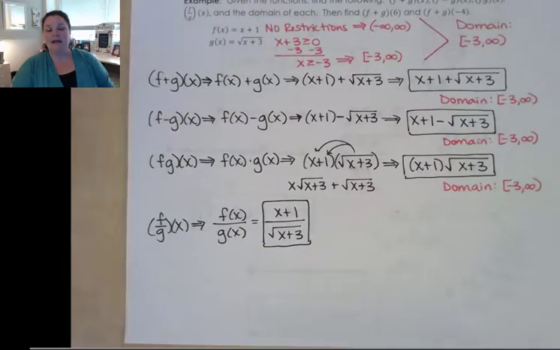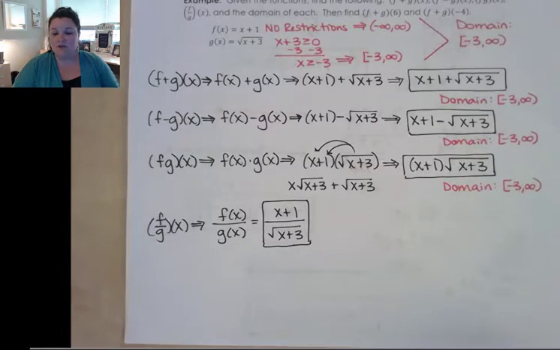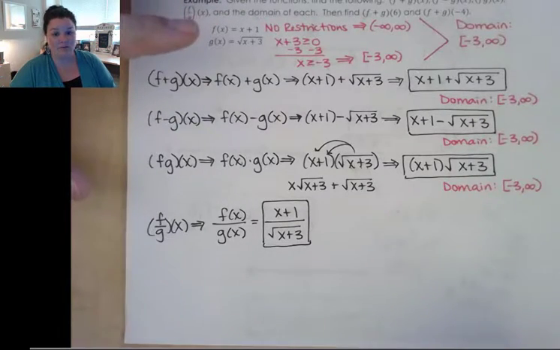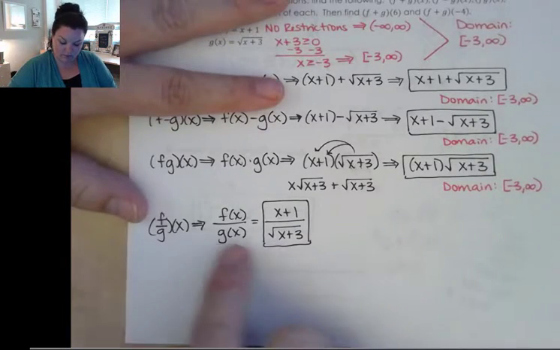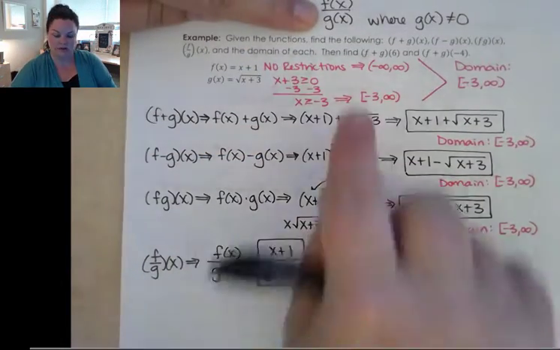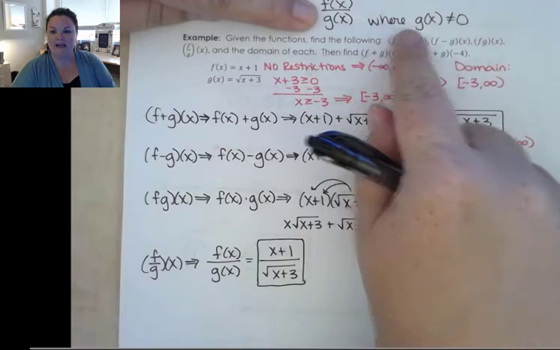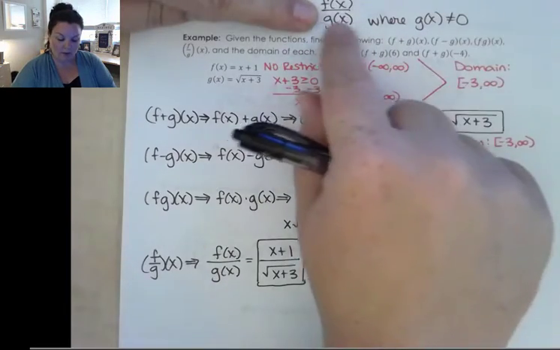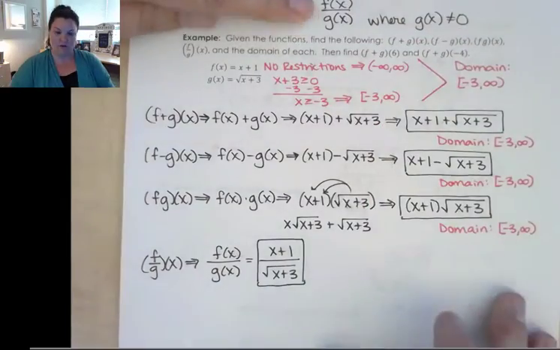Okay. And then we need to figure out if our domain has been restricted any further. And it has, right? Because now we have a denominator to worry about. So remember, when we talked about these new functions, when we do the quotient function, it says we can only do it where g of x is not equal to 0, meaning our bottom function can't equal 0, right?